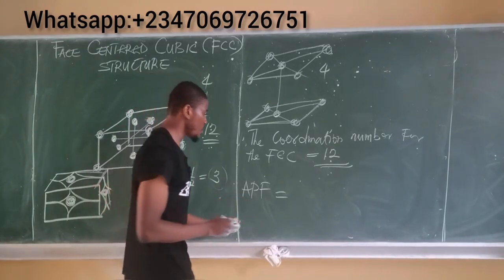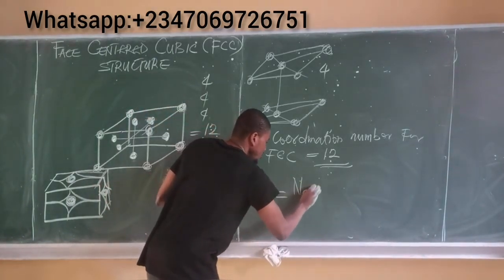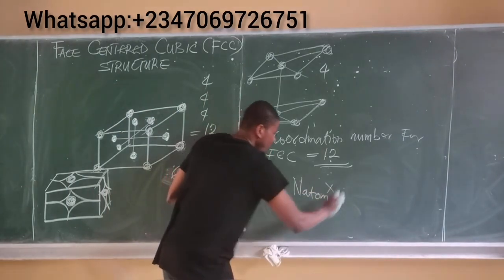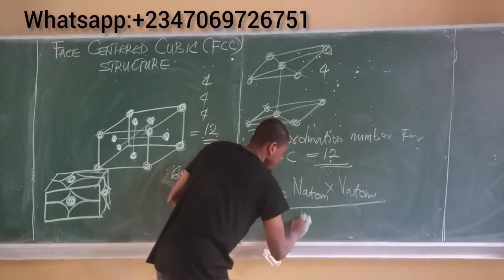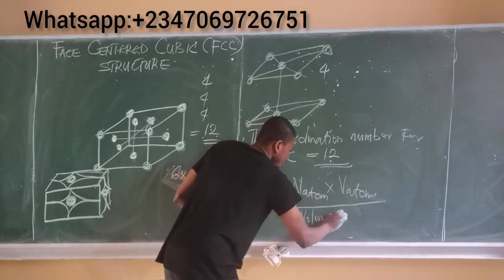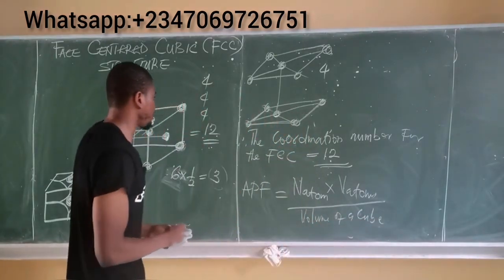And mathematically, atomic packing factor is equal to the number of atoms multiplied by the volume of the atom itself, all over the volume of a cube.